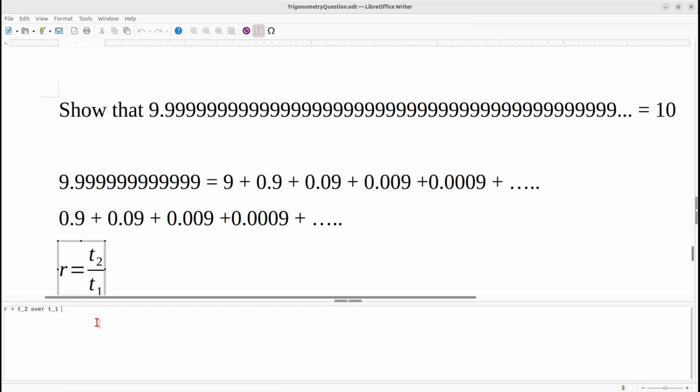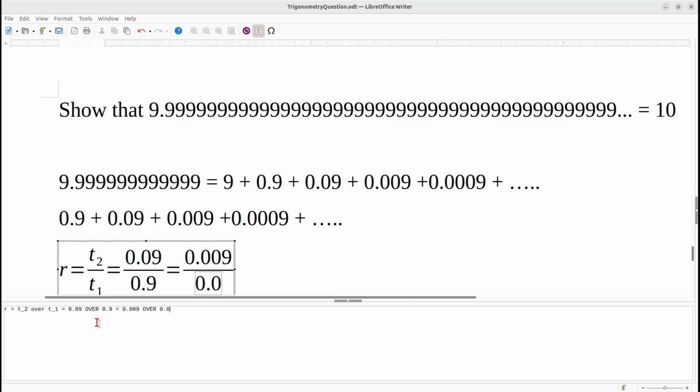Now let's work it out. Our term 2 is 0.09 over 0.9. What's the answer? This should be equal to 0.009 over 0.09.